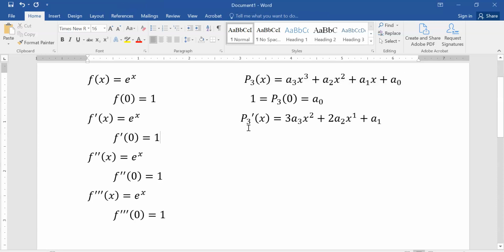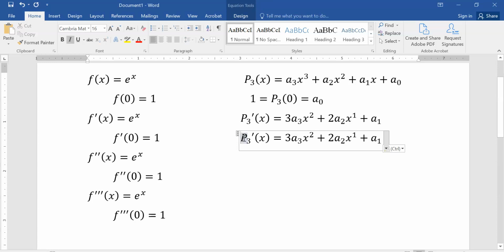Now that's fine because what we are trying to do is match up what's going to happen when you plug in 0. If I want the first derivatives to match up, what that means is when you plug in 0 for x into the first derivative of the polynomial, you should end up with the number 1.